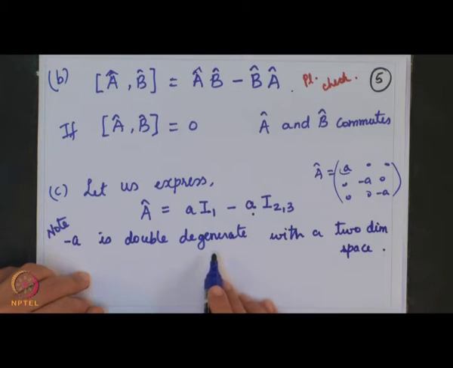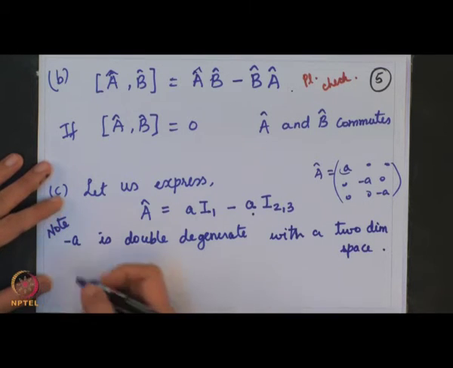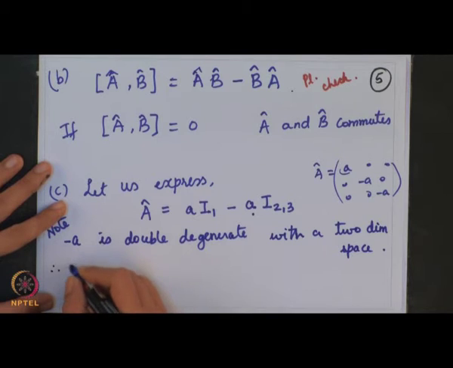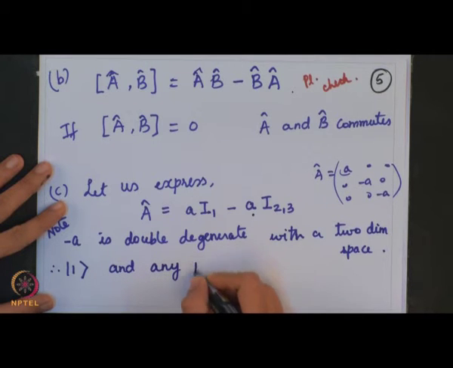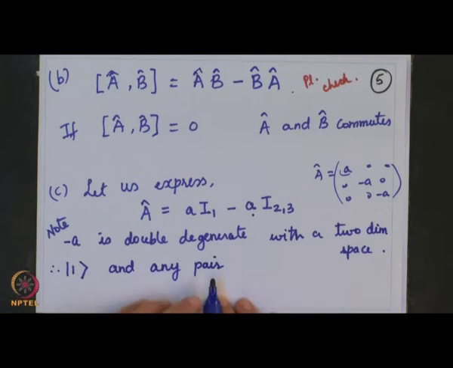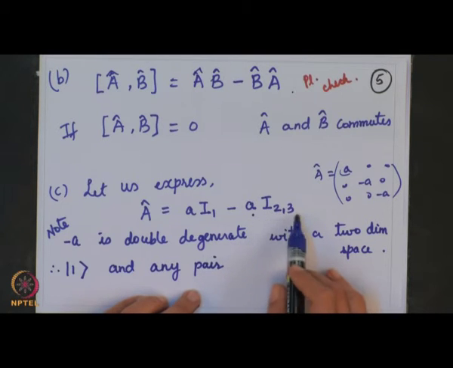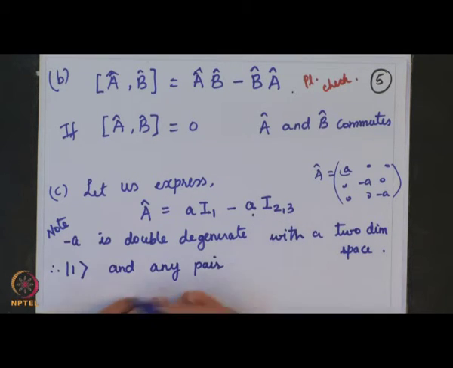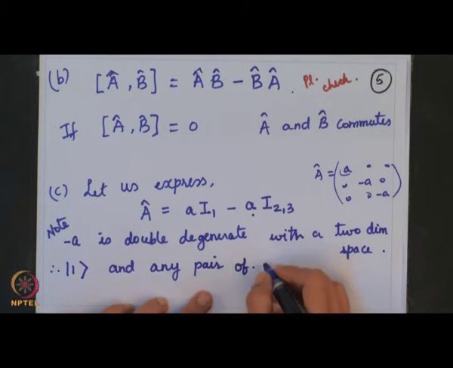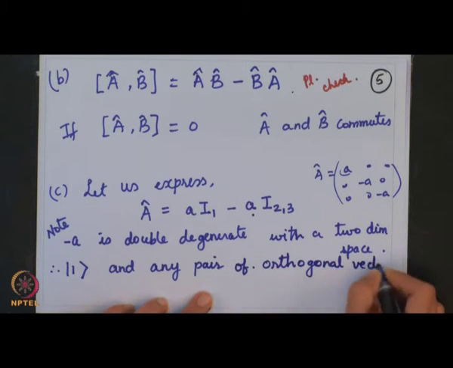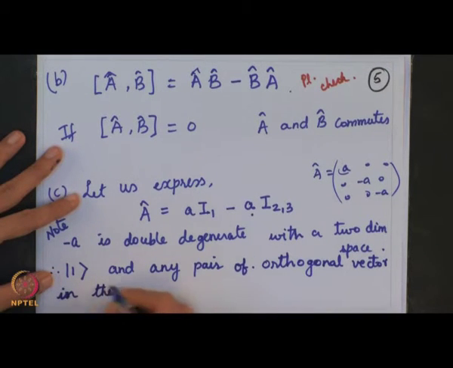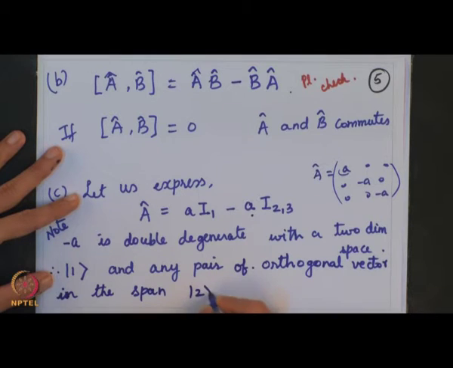So, therefore, ket 1 and any pair of orthogonal vectors in the span of kets 2 and 3.